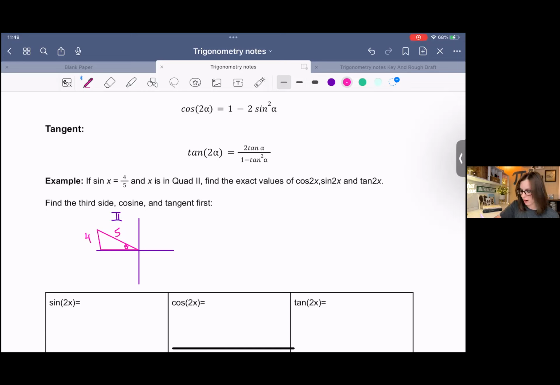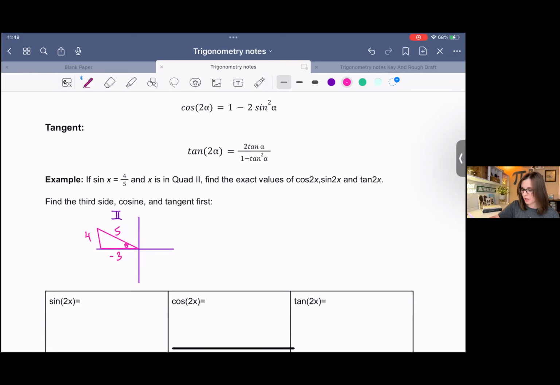This is a 3, 4, 5. But it's in quadrant 2, so 3 is actually negative. That means that cosine x is adjacent over hypotenuse, and tangent x is opposite over adjacent. You could probably write that as -4/3. Put that negative out front instead of in the bottom, makes a little more sense.